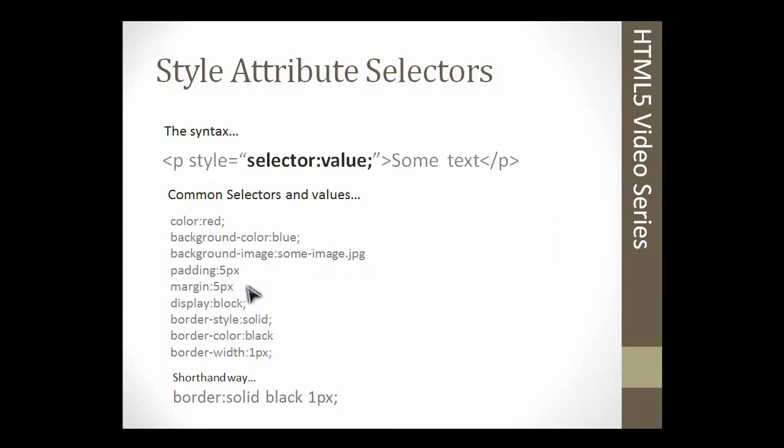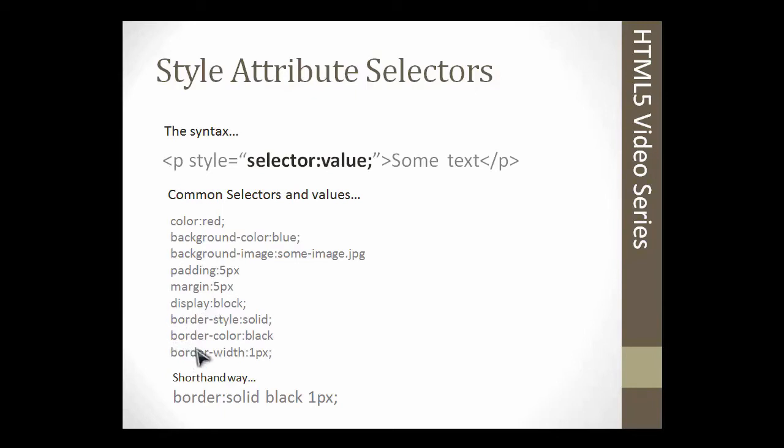Padding, 5 pixels, which is the space around it. And margin is similar to padding, but there is a difference, and I'll get into that in a later section. And display block, we could also have display inline, or display none, which would hide it altogether.